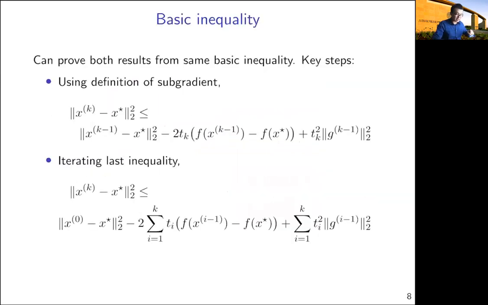Okay, let's take a step back and look at the two iterates. The first one is something that we construct completely by applying the definition of subgradients. Once we have this structure, we can iterate until the last iteration and telescope the leading terms.